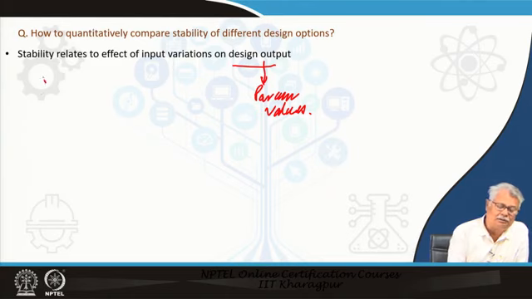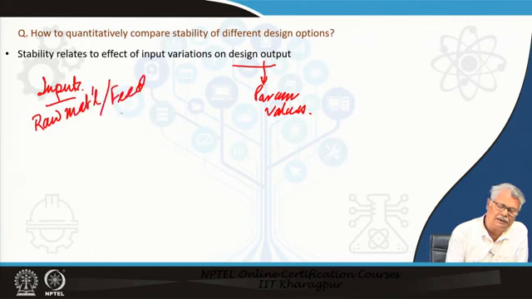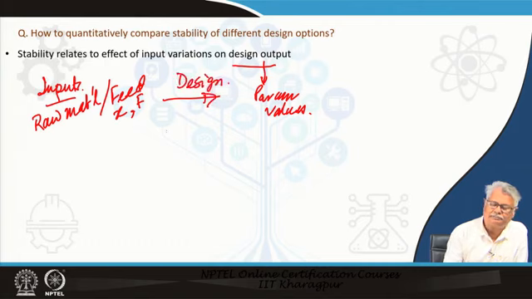This is based on your inputs. What are the inputs? It could be something related to the raw material or the feed. It could be its composition, its flow rate. Similarly, it could be several other parameters also. Now, based on this, you have generated, using the design process, the final design output parameters.